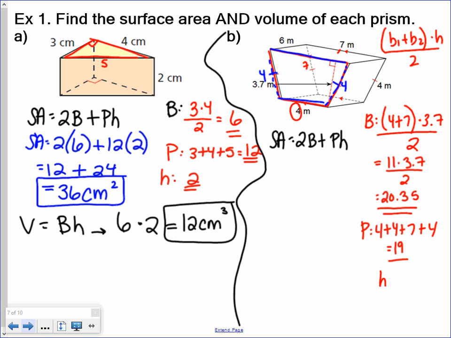And then your H is the distance between the bases, the distance between the trapezoids. What's the distance between the two trapezoids? 6.